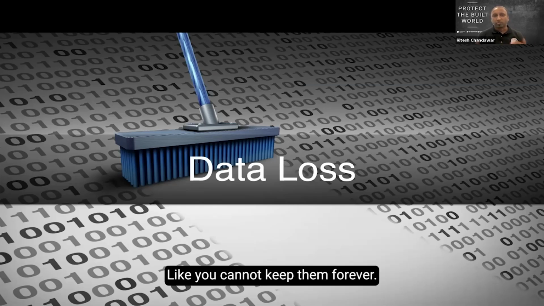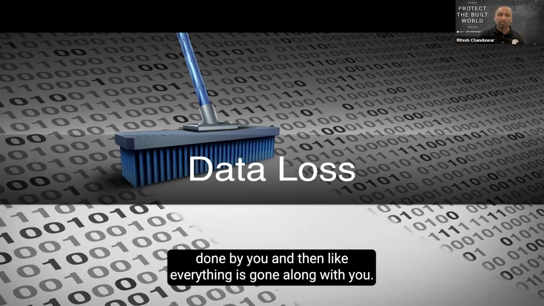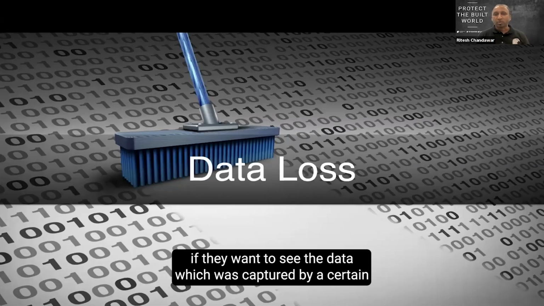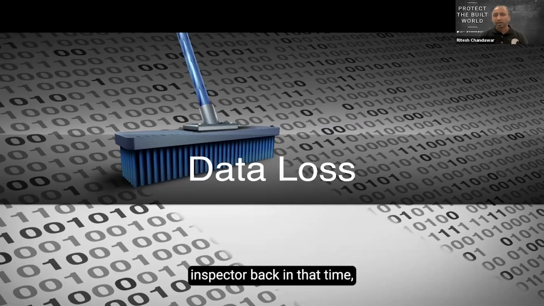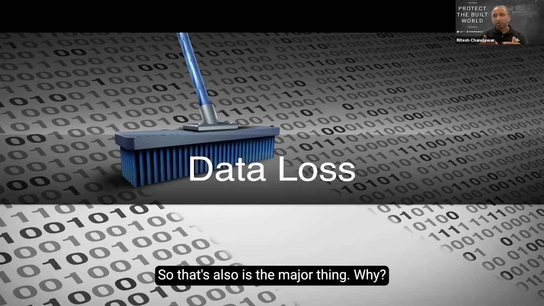You cannot keep them forever. If you leave the company, and the inspection was done by you, everything is gone along with you. So as an inspection company, if they want to see the data captured by a certain inspector back in that time, a lot of data loss happens, right? So that's also a major thing.